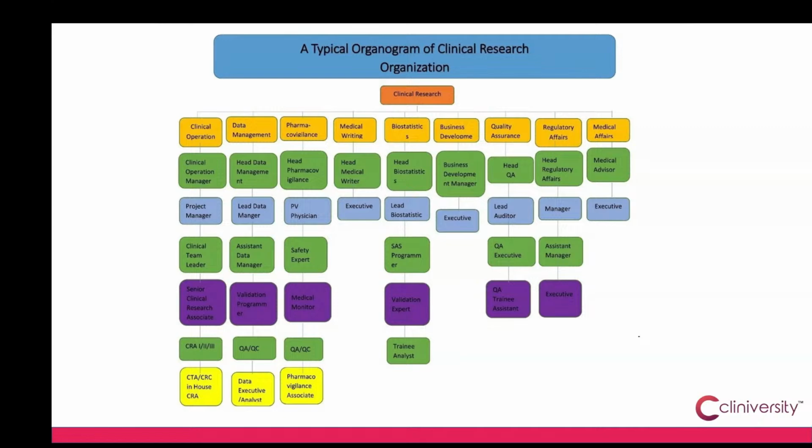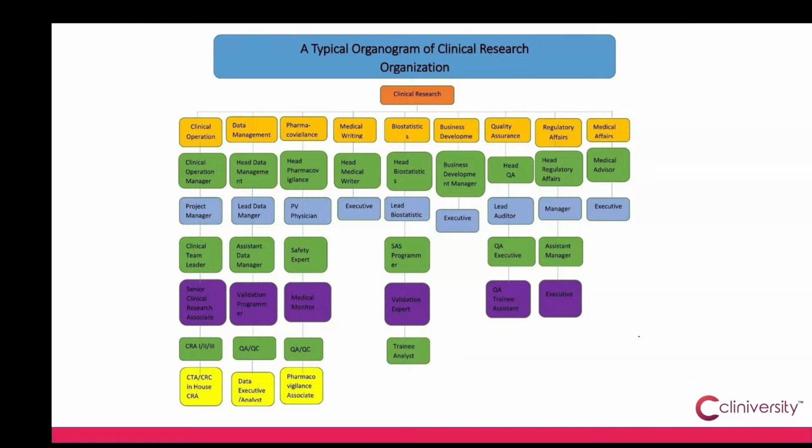By completing this course, you have gained a lot of knowledge about clinical trials: what a sponsor does, what an investigator does, what the principles of a clinical trial are, how many phases we have in a clinical trial, what the different types of clinical research are, what the history of clinical research is, what the responsibilities of the ethics committee are, and what the basic terminologies used in clinical research are.